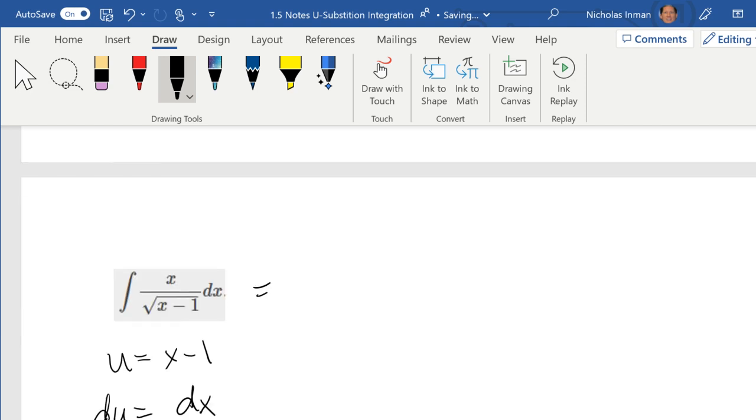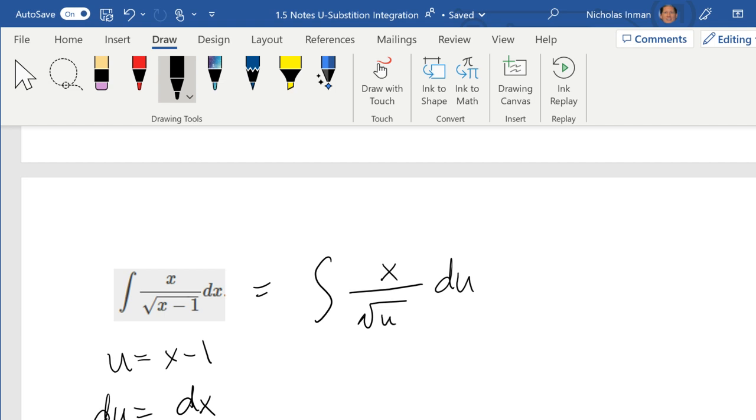Right now, when I do this substitution, on the bottom I got the square root of u. That's perfect, right? X minus 1 inside of the square root. Du is equal to dx, so this dx becomes du, but I still have an x on the top. And that's not going to allow me to integrate. I can't integrate when I have x's and u's.